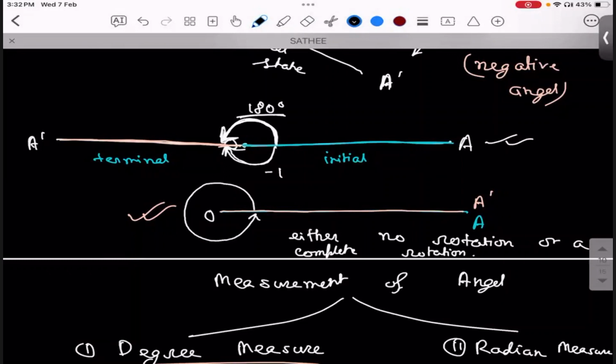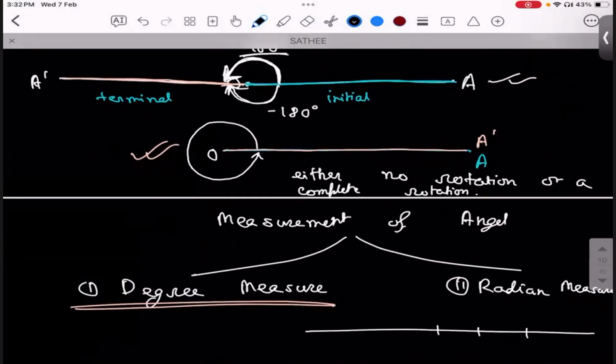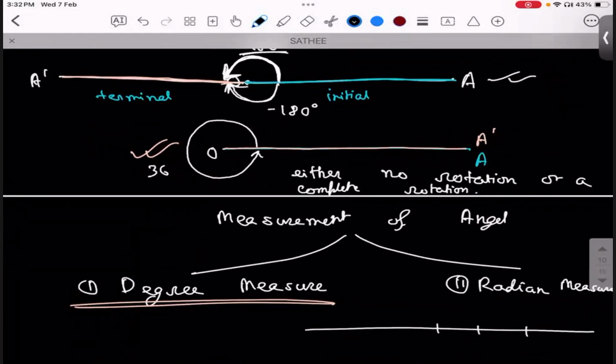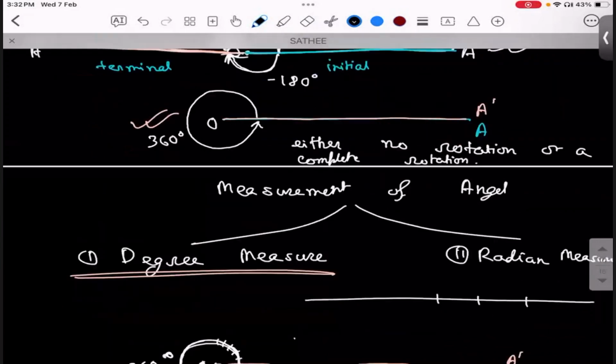In that case, I will write minus 180 degree because it is clockwise direction. So depending on the sign of your angle, you can clearly understand whether the rotation is in clockwise or anti-clockwise direction. Clockwise direction negative, anti-clockwise direction positive. So this is obviously 360 degree. We discussed it in the next example already.